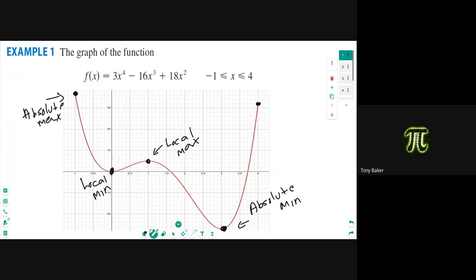So if you have a closed interval, the endpoints also have to be looked at in terms of local mins and maxes, or absolute mins and maxes. So in that case, that would be an absolute maximum. You don't typically qualify the extremes as locals. They're just the absolutes. So I wouldn't mark that one as a local maximum, for example.